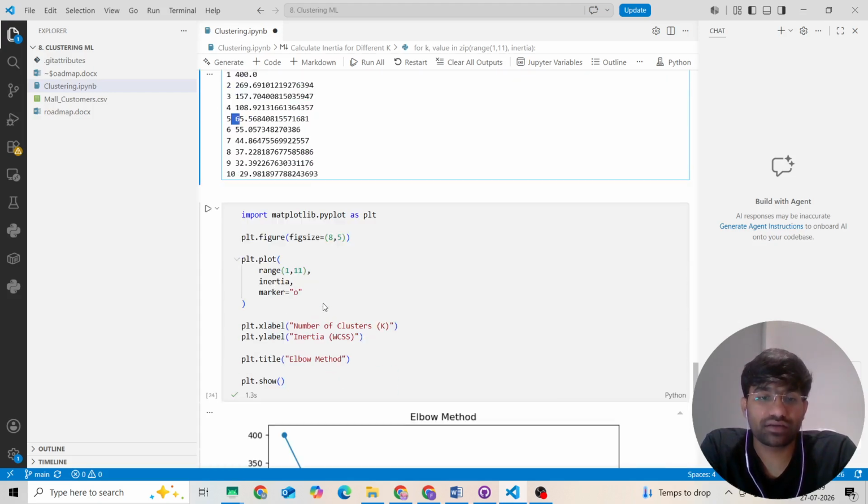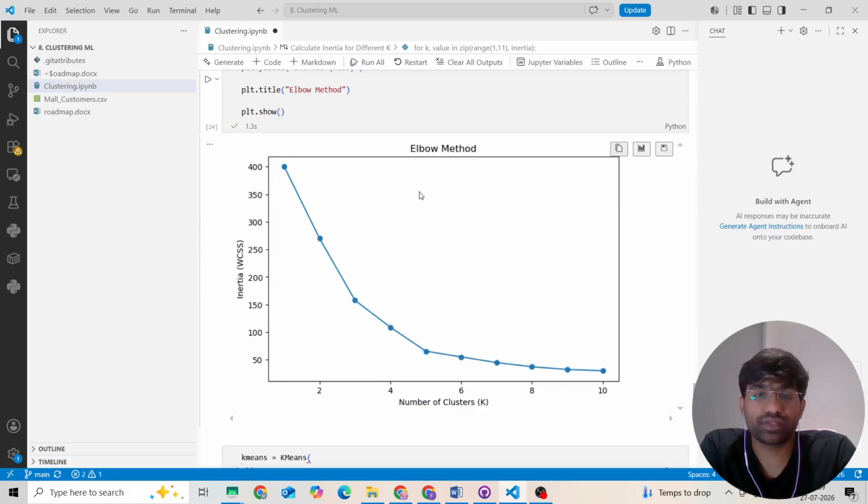I can show you in the plot itself. See, the elbow method. If I visualize the k clusters, the x-axis is the k value, and this is the inertia value, WCSS, within cluster sum of squares. At k equal to 1, the inertia is 400. At 2, there is a significant reduction. At 3, again a significant reduction. At 4, again significant.